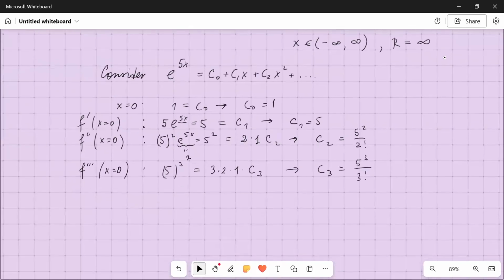Now, guys, I'm going to put everything back into a series, and let's see if we can make a kind of conclusion from how it looks. C0 equals 1, C1 equals 5x, C2 equals 5 squared x squared over 2 factorial, 5 cubed x cubed over 3 factorial is C3, and so on.